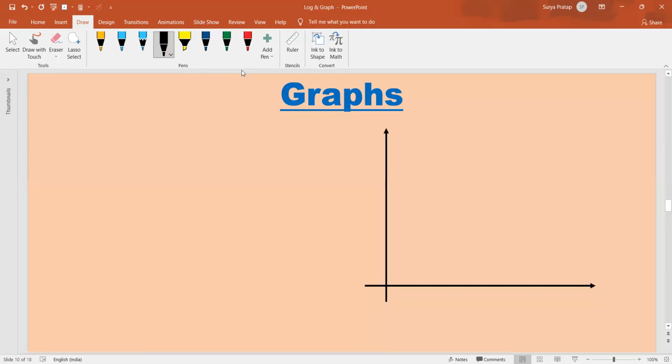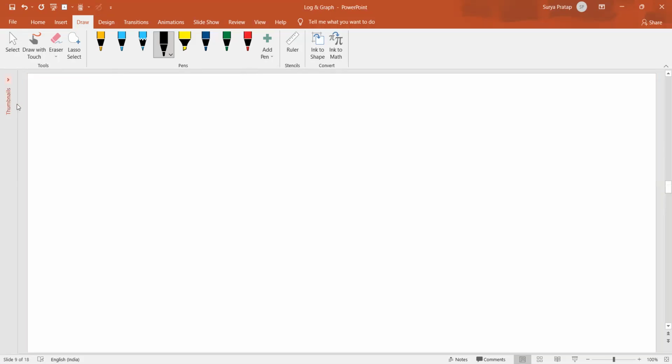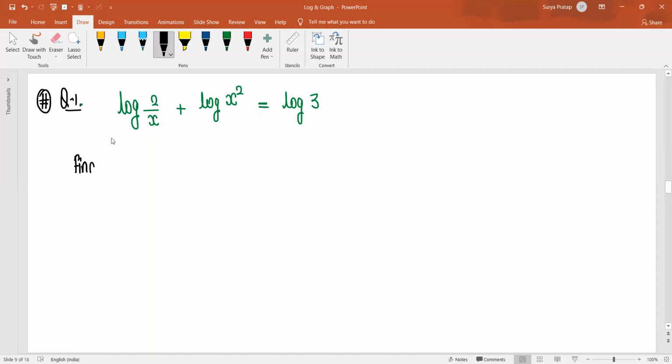Log is also very important in chemistry. So let's try one more calculation based on the log idea. I think one more will be good. Just suppose the terms are given as log of 2 over x plus log of x squared, which is equivalent to log 3, and then they ask you to find the value of x.